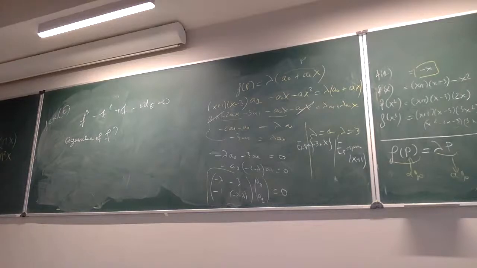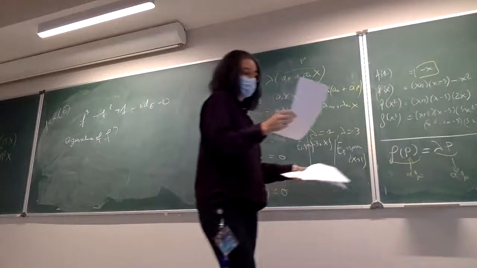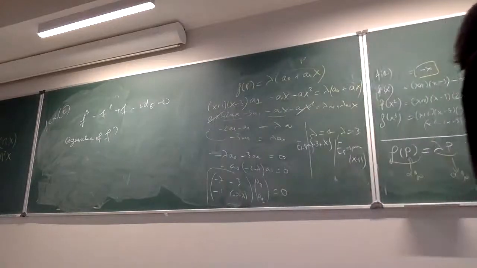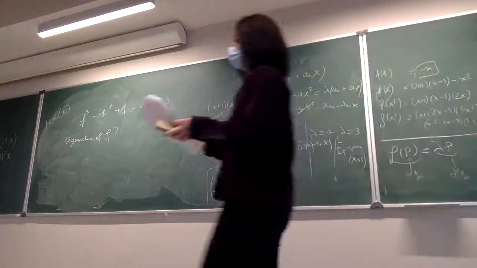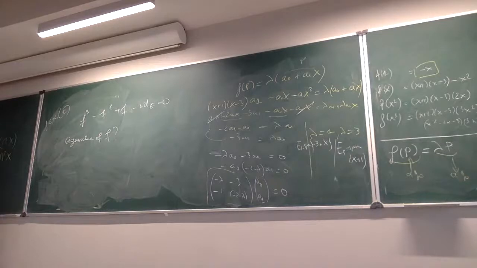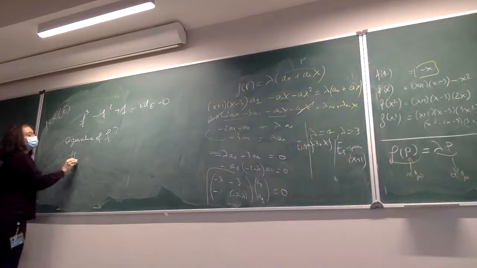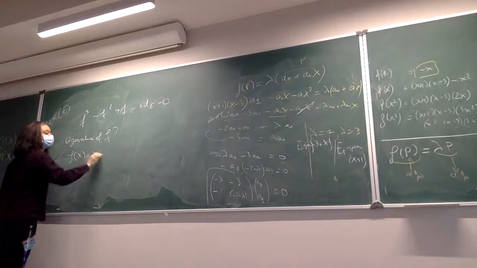And the first question is about, assume, no, nothing. It's just, what about the eigenvalues of f? So, what does it mean if I've got an eigenvalue? It means that I've got, again, eigenvector, eigenvalue, I've got something like this.